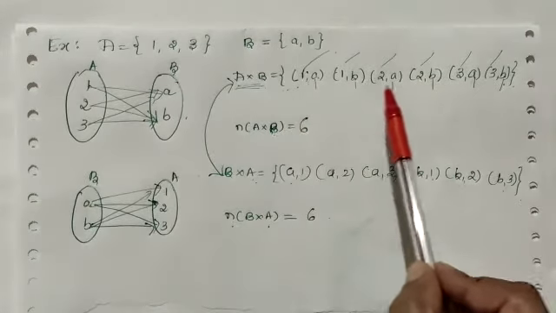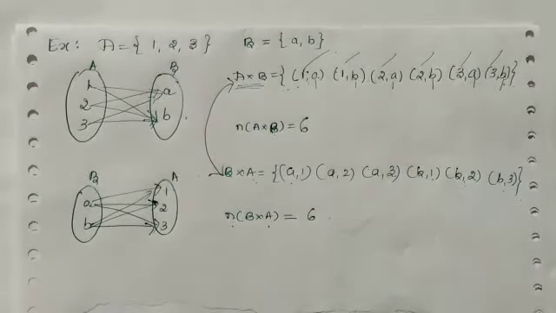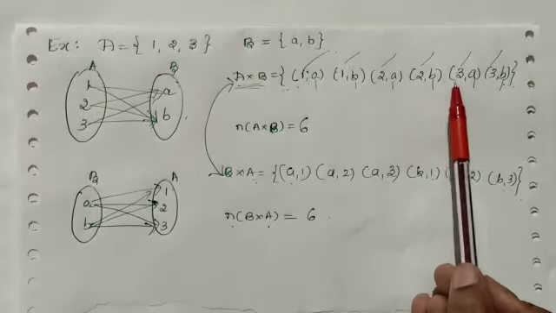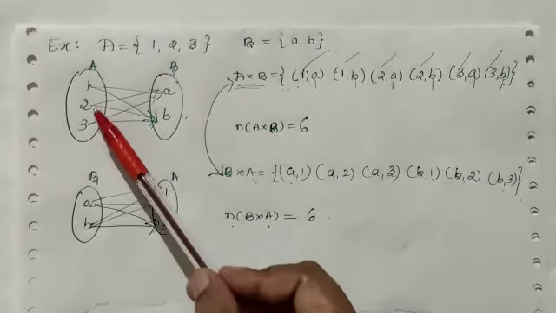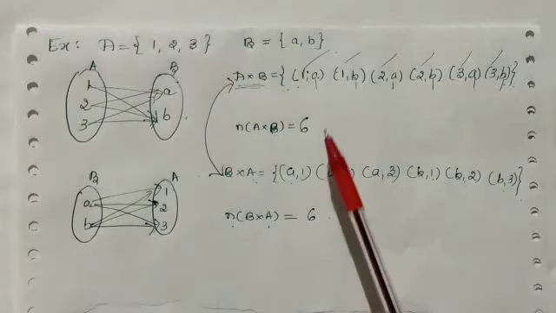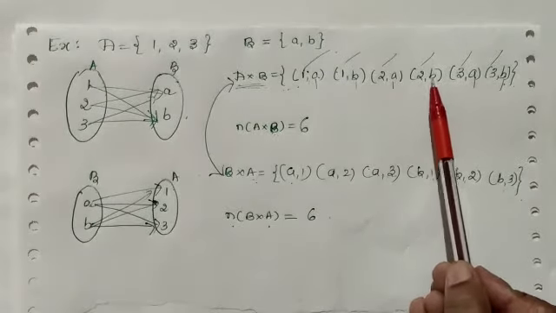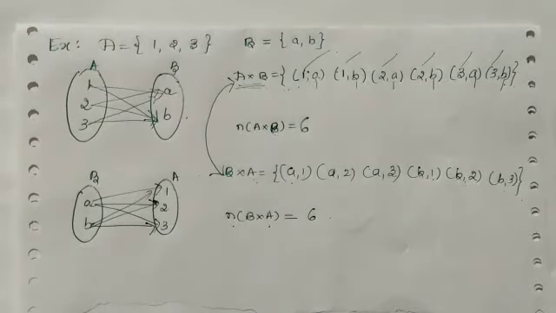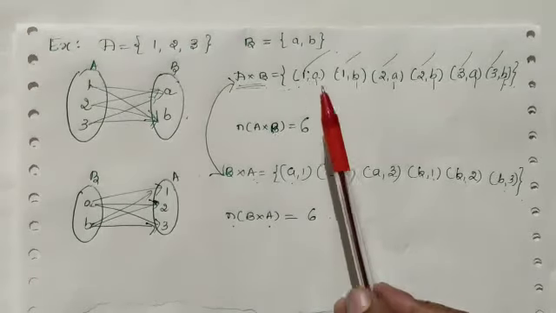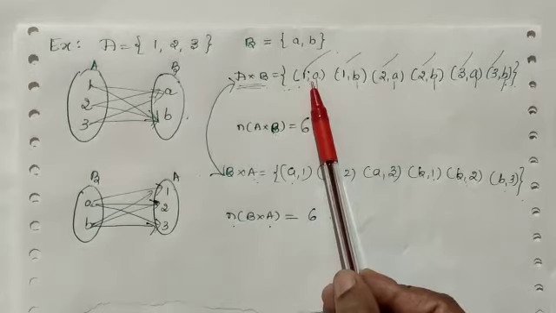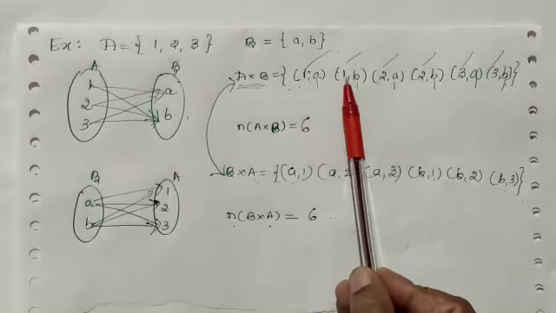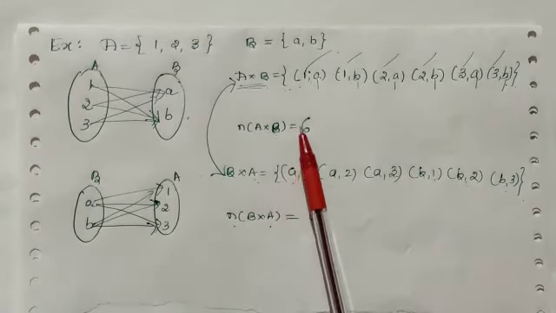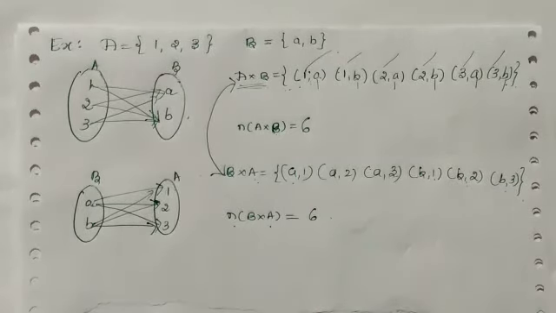So A cross B is nothing but the Cartesian product. It is the set of all possible ordered pairs. First elements are selected from the first set A and the second elements of the ordered pairs are selected from the set B. Number of elements in the Cartesian product: 1, 2, 3, 4, 5, 6. So n of A cross B is equal to 6.